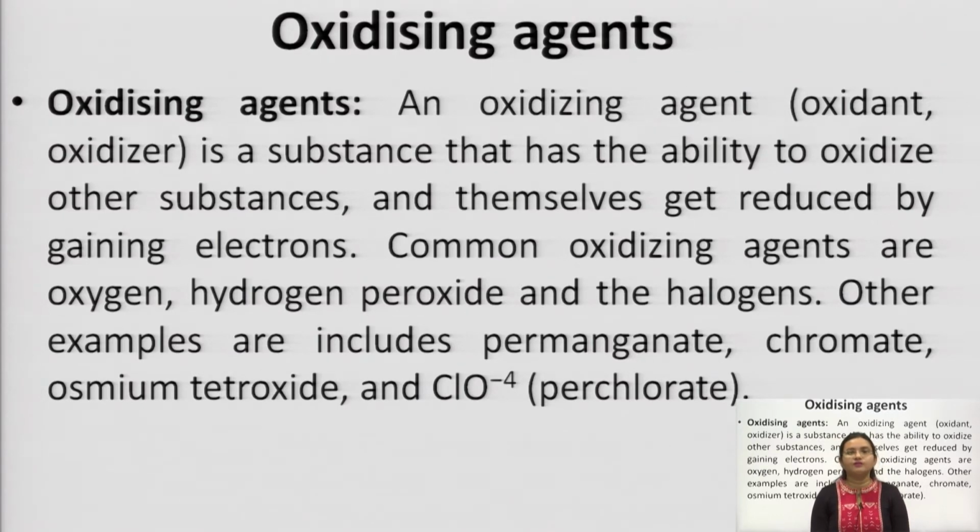This definition is very important and contains everything. Whatever I have told you so far is summarized in this definition: oxidizing agents have the ability to oxidize the other reactant and themselves get reduced by gaining electrons. Common oxidizing agents are oxygen, hydrogen peroxide, halogens, permanganate, chromate, osmium tetroxide and perchlorate also.